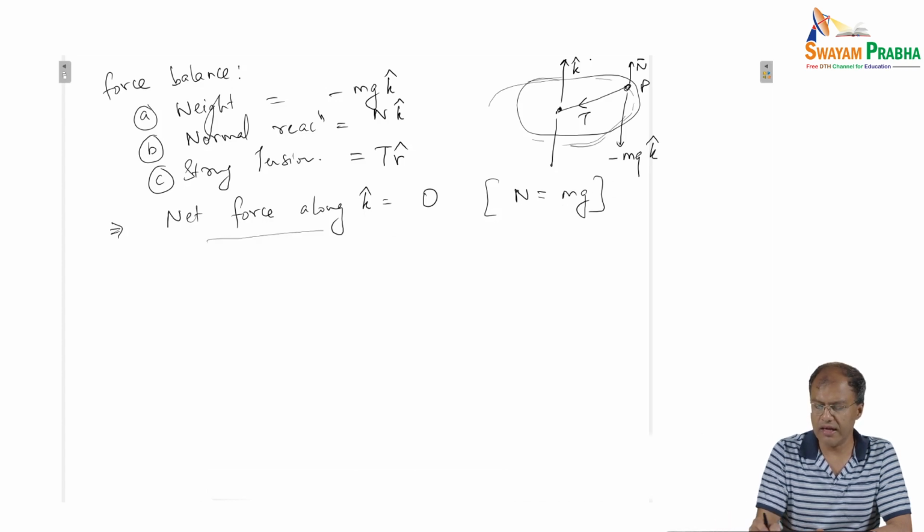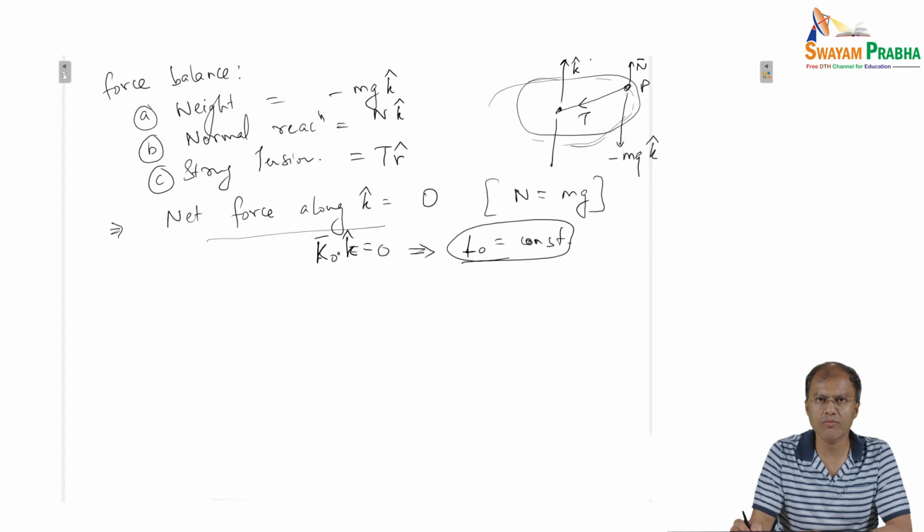So we expect that the net moment is also 0 along the k direction. The force is 0, so the moment is 0. Along this direction k hat, the angular momentum L naught is conserved.